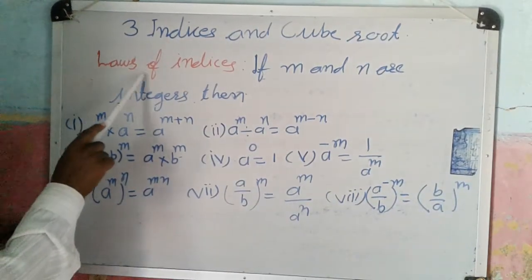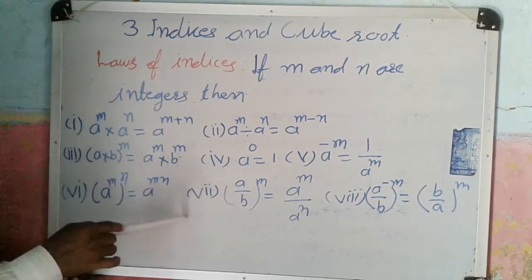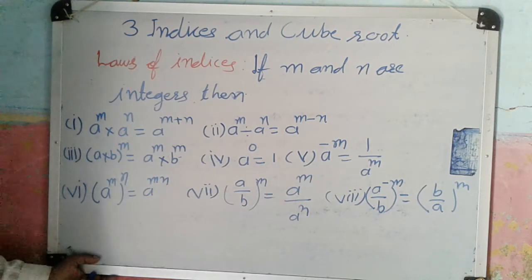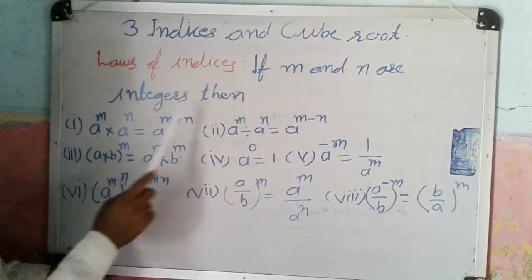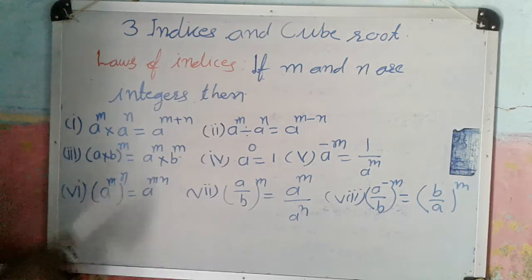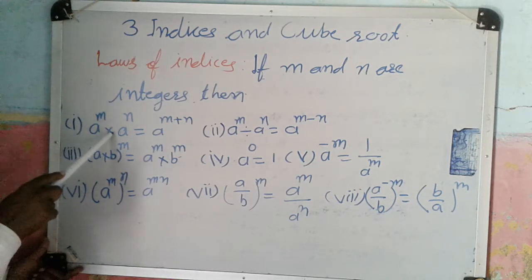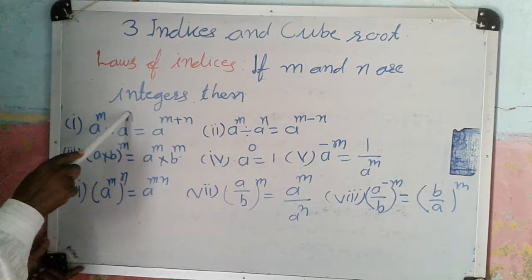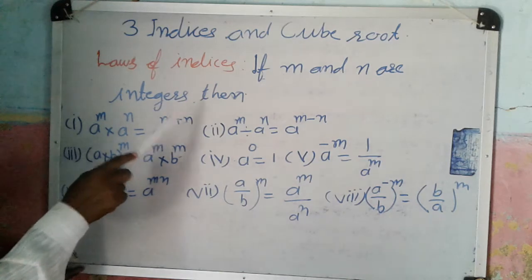Now we revise the laws of indices. Already you have studied these laws in 7th standard. See here, if m and n are integers, then the first law: a raised to m multiplied by a raised to n is equal to a raised to m plus n.